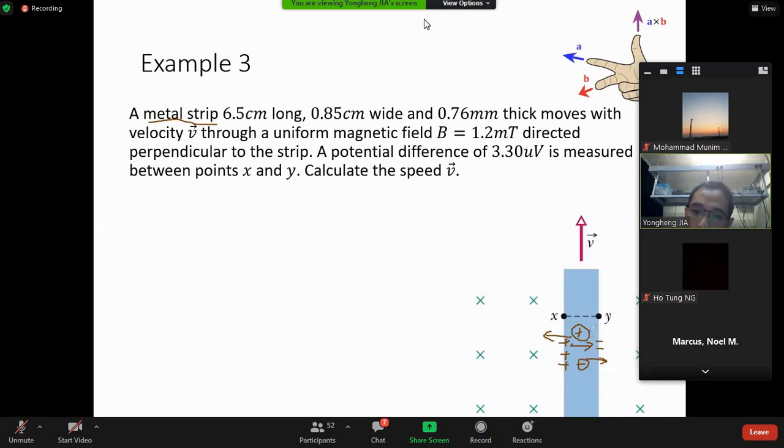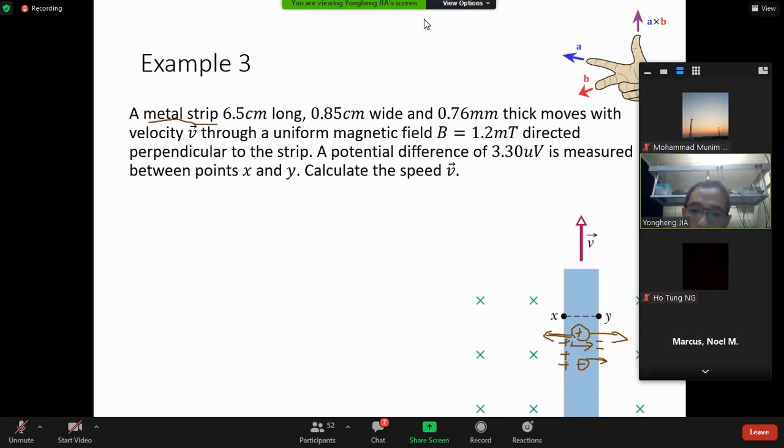And again, this positive charge will suffer from two kinds of force. The first one is the magnetic force in this direction, right? And another one is the electric force in the opposite direction. So when the electric force equals the magnetic force, the free carriers inside this metal strip will stop moving.